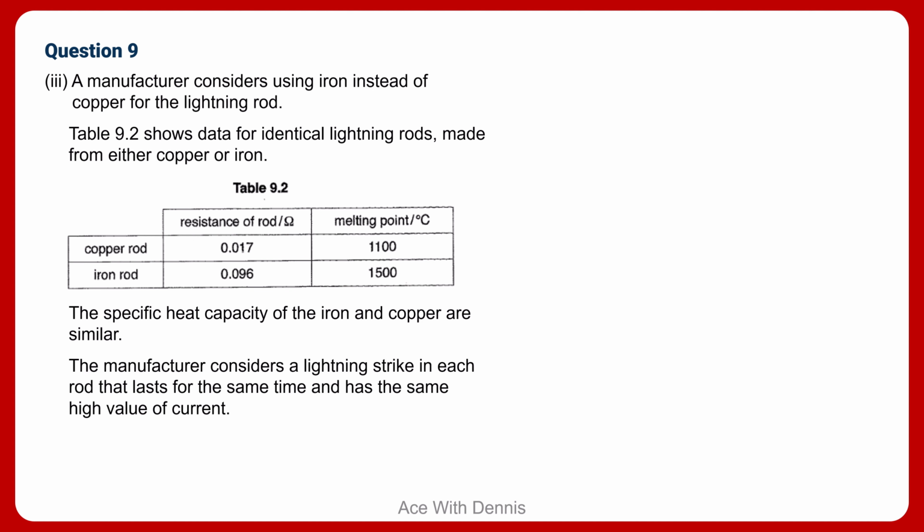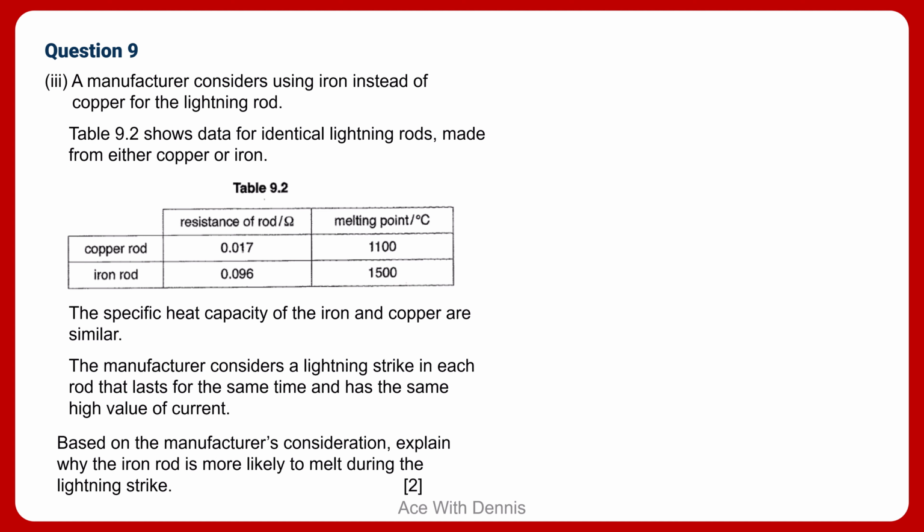The manufacturer considers a lightning strike in each rod that lasts for the same time and has the same high value of current. Based on the manufacturer's consideration, explain why the iron rod is more likely to melt during the lightning strike. 2 marks.